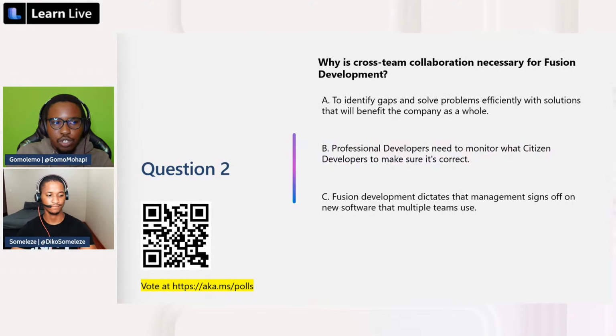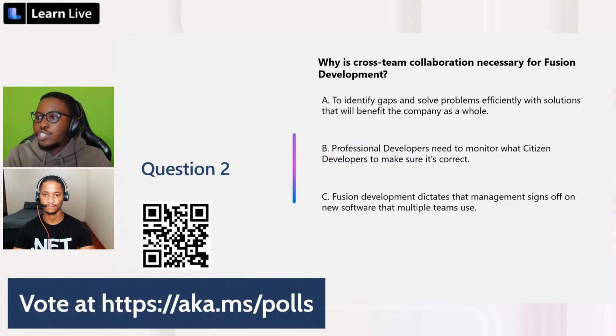Question two, we have: why is cross-team collaboration necessary for fusion development? We have A, to identify gaps and solve problems efficiently with solutions that will benefit the company as a whole.